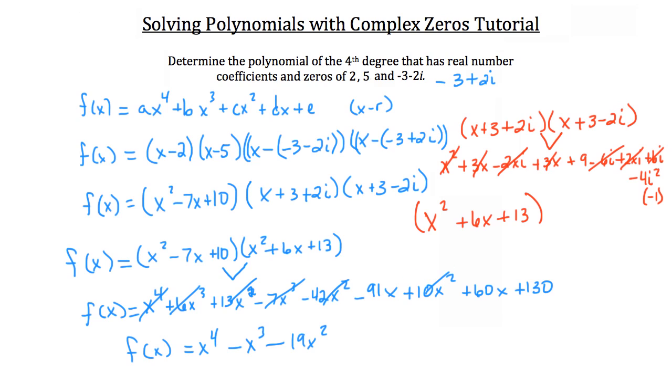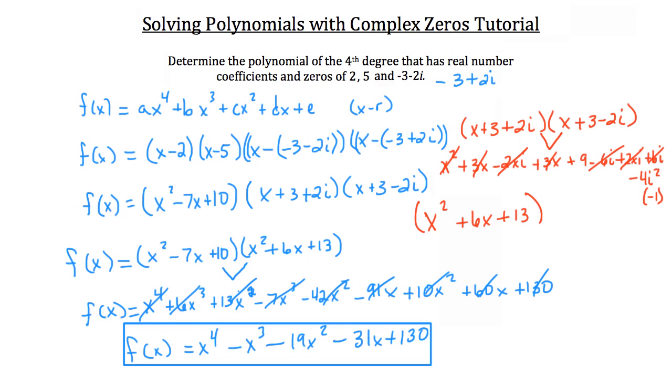Now we'll combine our x terms. We've got a negative 91x and a positive 60x, which gives us a negative 31x. And lastly, we've got positive 130 as our constant. And this is going to be the fourth degree polynomial that has the real number coefficients and zeros that were provided to us in this problem.